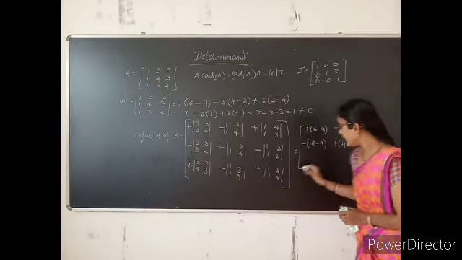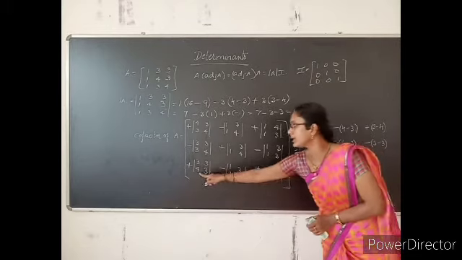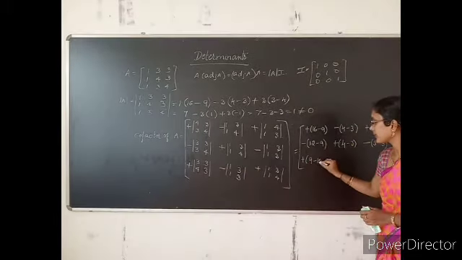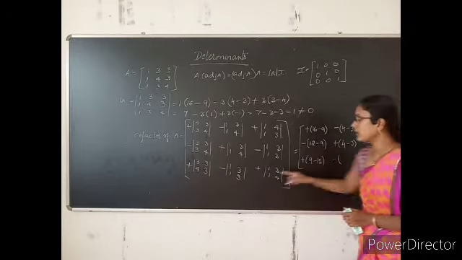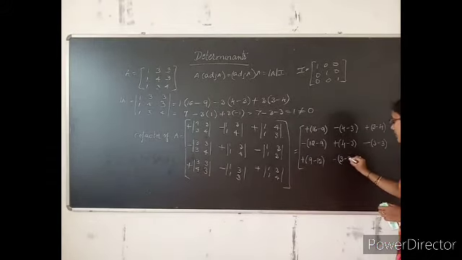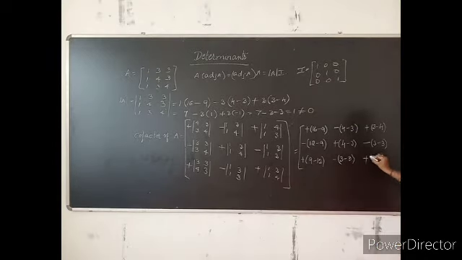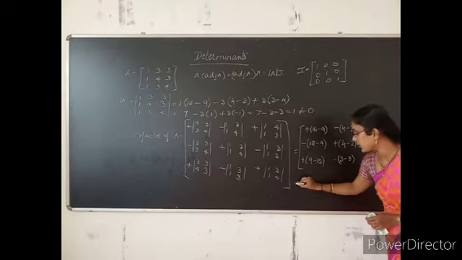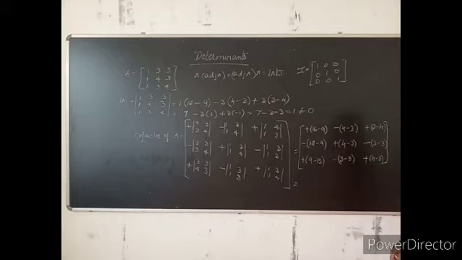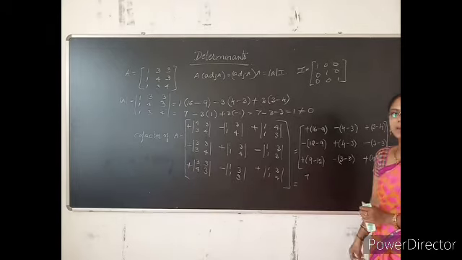So 3 into 3, 9. So plus 9 minus 4 into 3 is 12, minus 3 minus 3, 3 minus 3, plus 4 minus 4. So this equals 16 minus 9, you know the value is 7, plus 7.